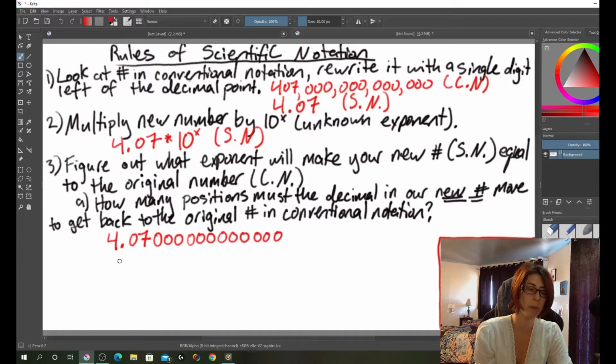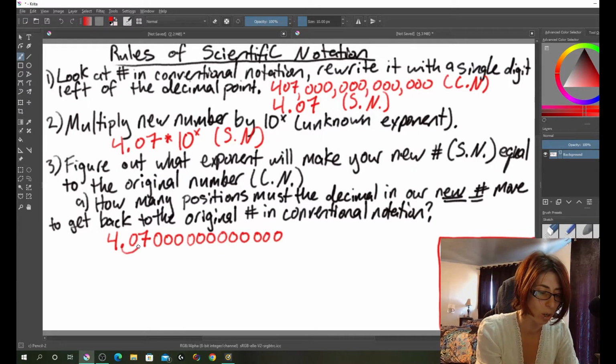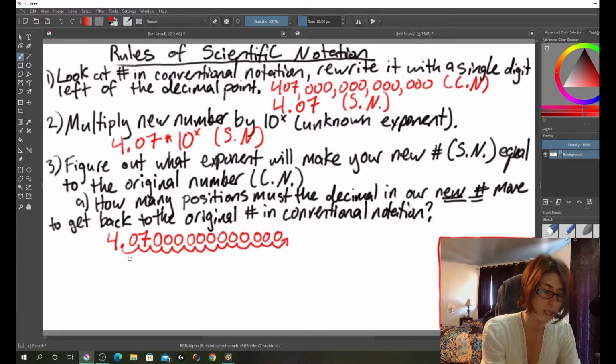Okay, so if we want to change 4.07 back to 407 trillion, we would have to move the decimal point 1, 2, 3, 4, 5, 6, 7, 8, 9, 10, 11, 12, 13, 14. 14 spaces.